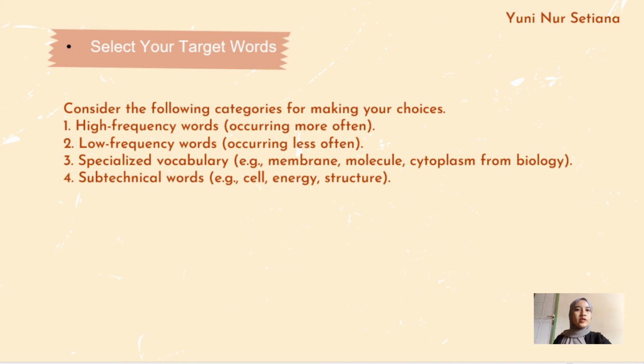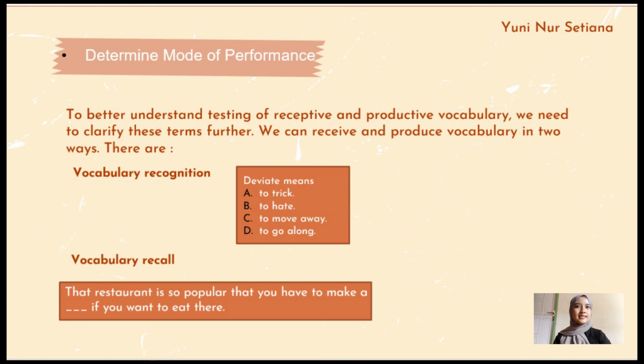The last category is sub-technical words, such as cell, energy, and structure, which occur across registers or subject areas and can be used to assess different meanings and definitions.